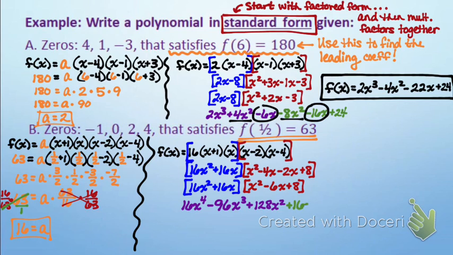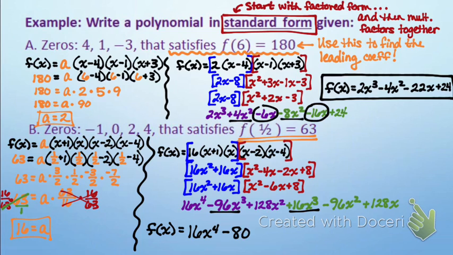So plus 16x cubed minus 96x squared plus 128x. Combining like terms to get my final answer, which will end it for today. 16x to the fourth. What do I get when I combine my x cubes together?